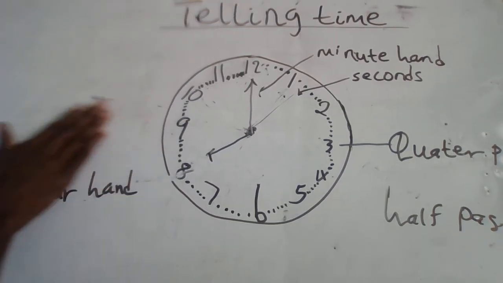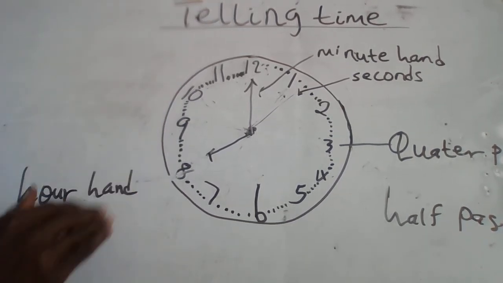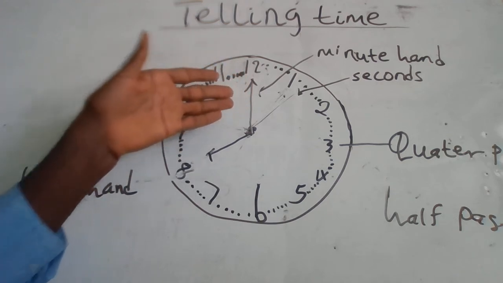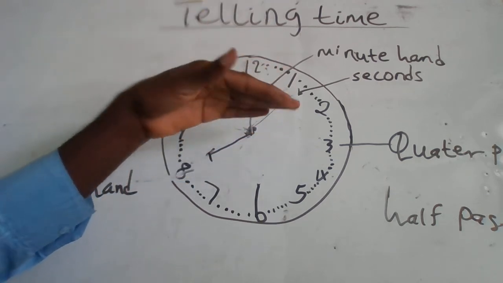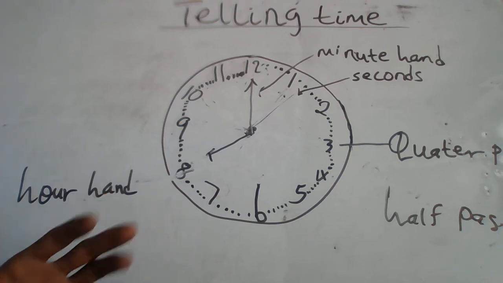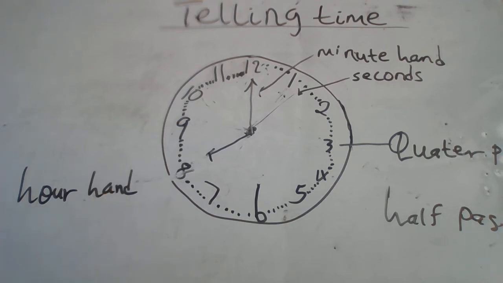So this is how you can say your time, and make sure you understand the names given. I mean, you understand the layout of the clock. It can also help you better.